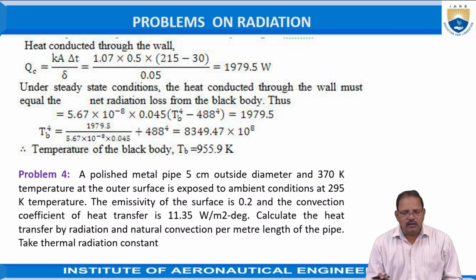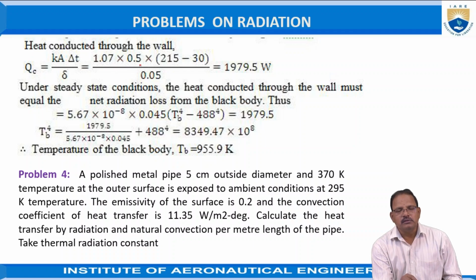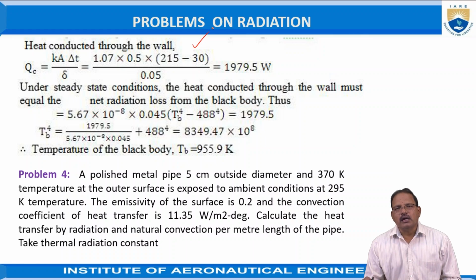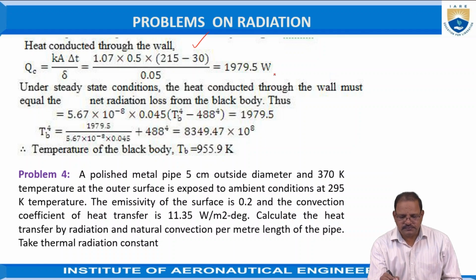Substituting the values, we get 1.07 into 0.5 into the temperature difference 215 minus 30. On doing the calculations, we get 1979.5 watts.